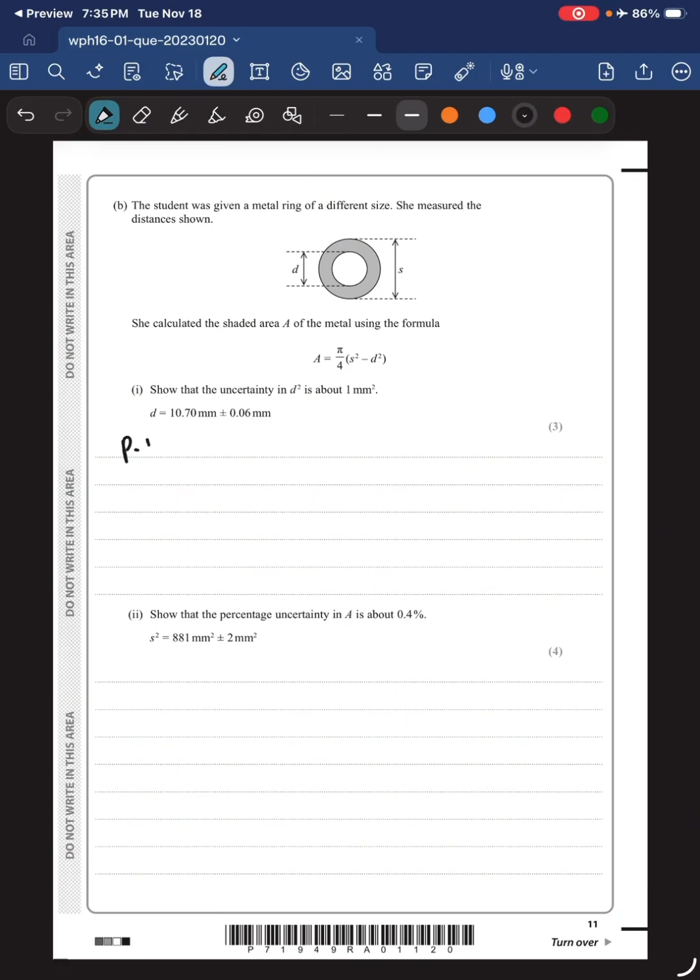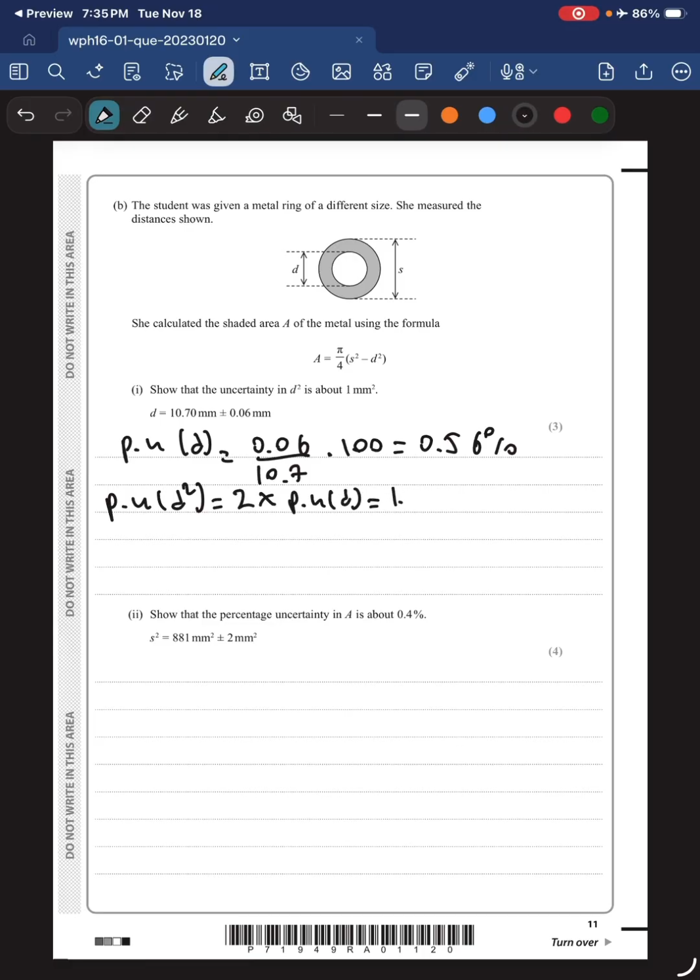So we have to calculate the percentage uncertainty of d, which is 0.06 over 10.7 times 100. That's 0.56%. So the percentage uncertainty in d squared is 2 times the percentage uncertainty in d, which is 1.12%.